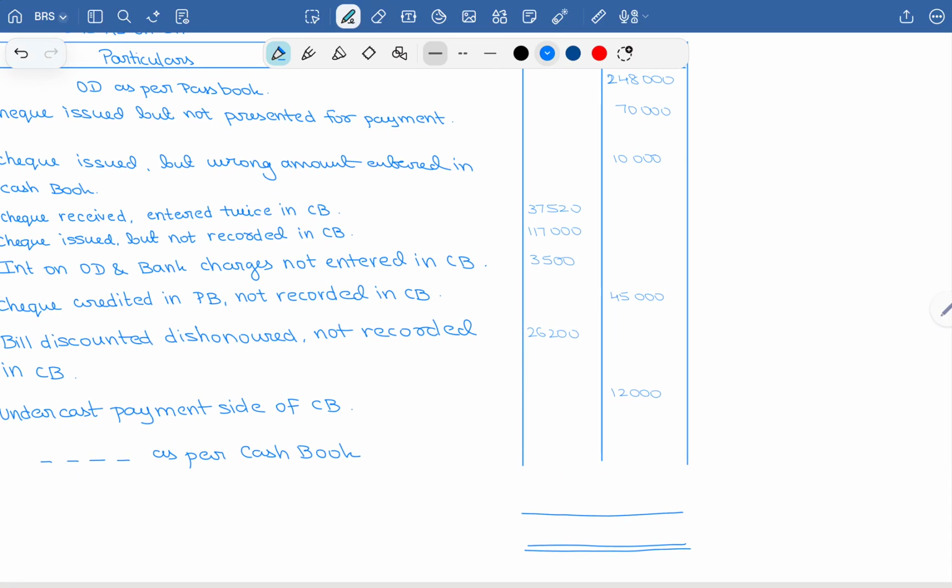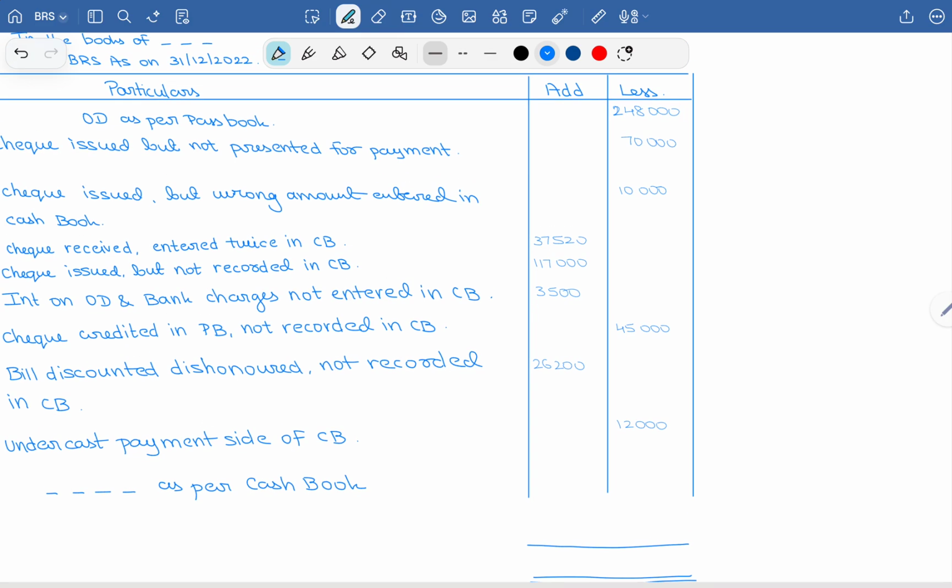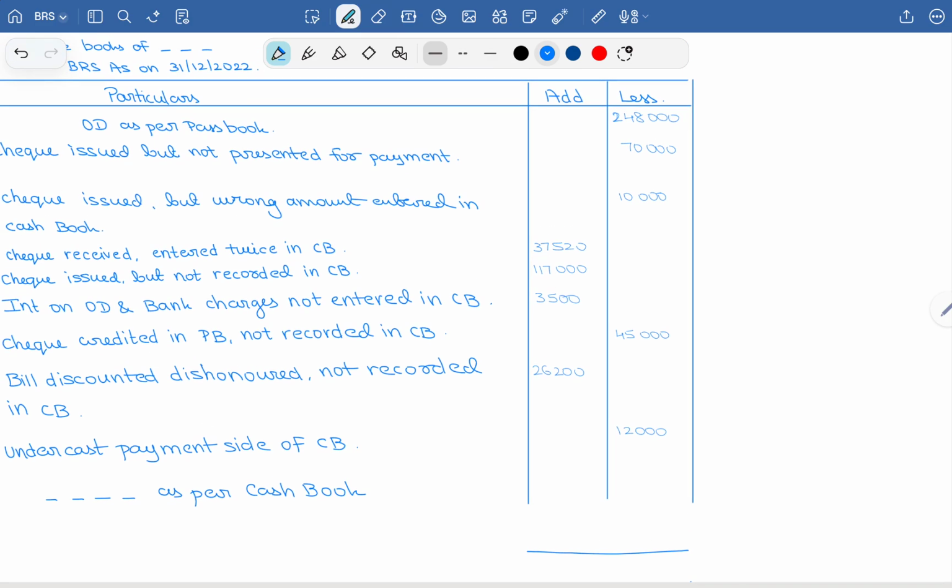For that we have to check the total of add and less. First we will total up the less column: 2,48,000 plus 70,000, 10,000, 45,000 plus 12,000. So it comes to 3,85,000 on the less side. Add side: 37,520, 1,17,000 and the rest comes to 1,84,220.